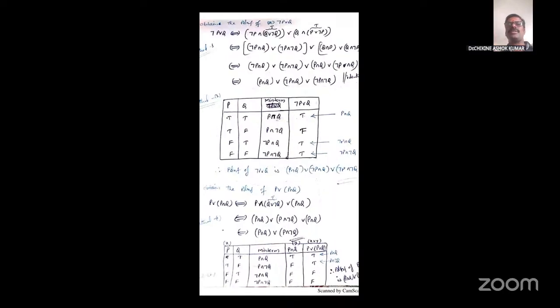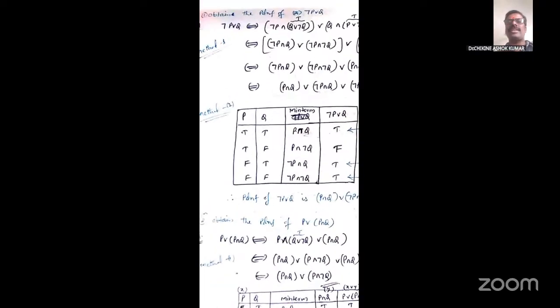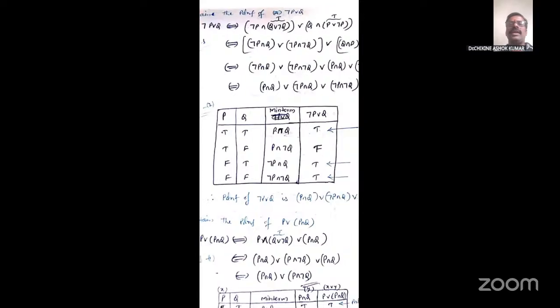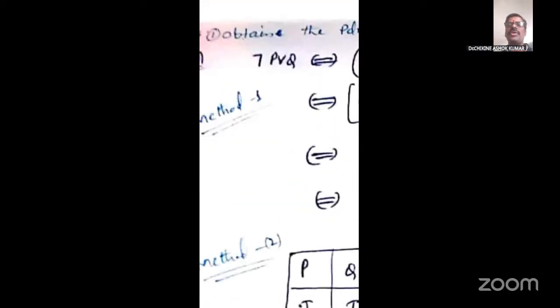First, negation P union Q is equivalent to: negation P I am writing as it is, intersection T. So negation P intersection T, and in the place of T I am writing Q union negation Q. Then Q.